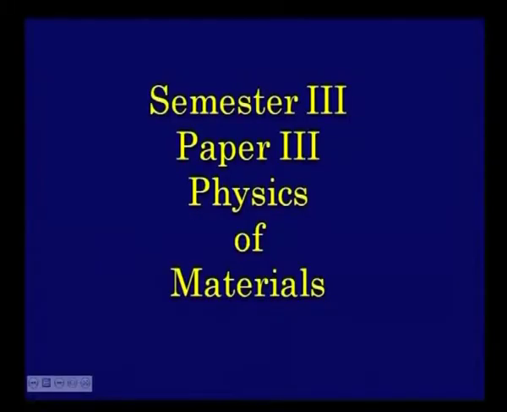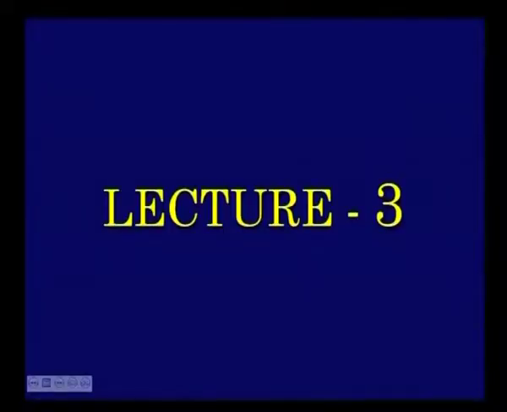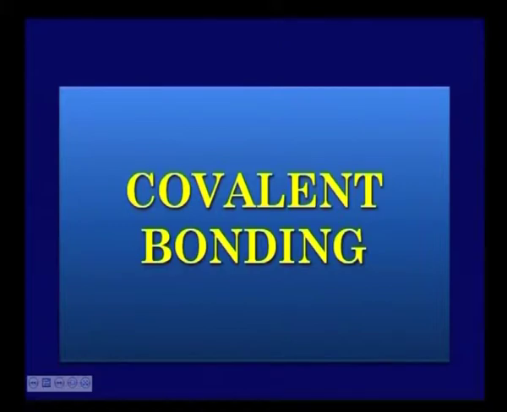In this paper we have a chapter on bonding in solids, and in the previous lecture we saw the primary bondings, especially ionic bonding. In today's lecture, lecture 3, we will go through covalent bonding.